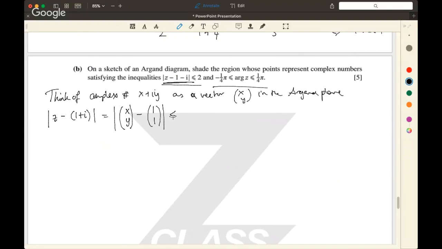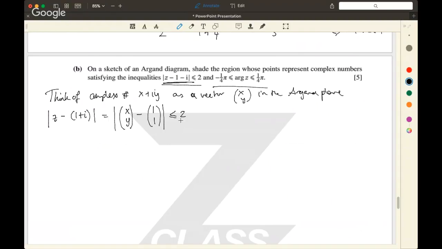If I said this is always less than or equal to 2, well, if I subtract one vector from another, what that means is that I'm looking at a line that runs between those 2 points. So the point x comma y, and the point 1, 1, and this complex number, whatever it is, is always less than or equal to 2.